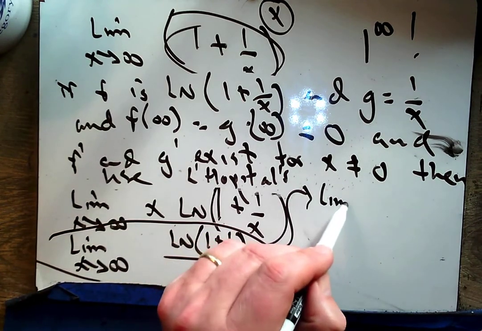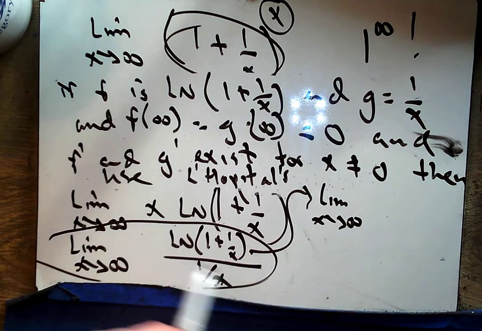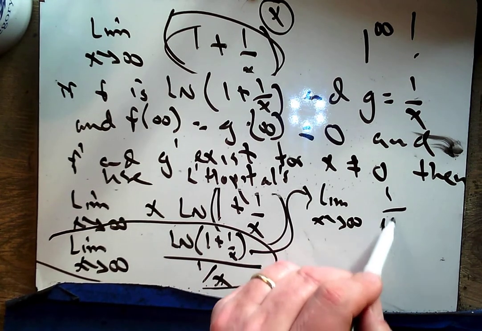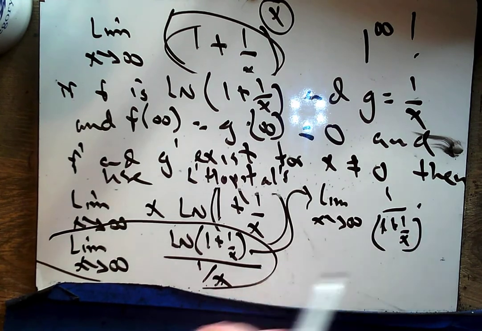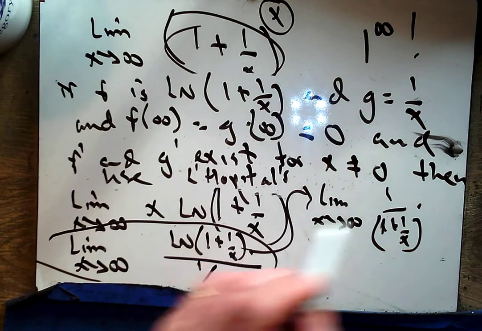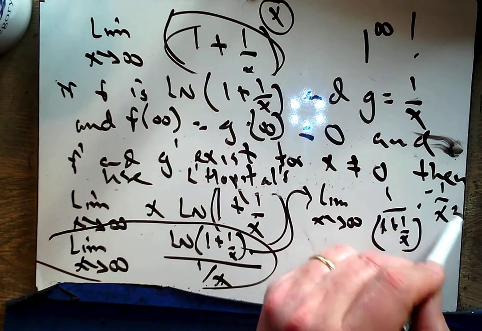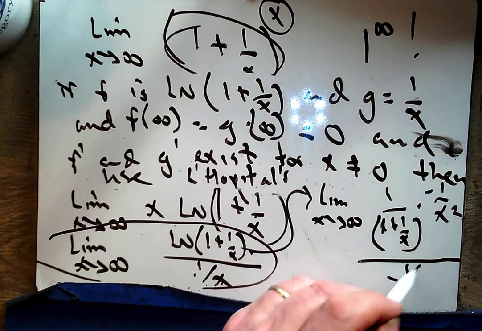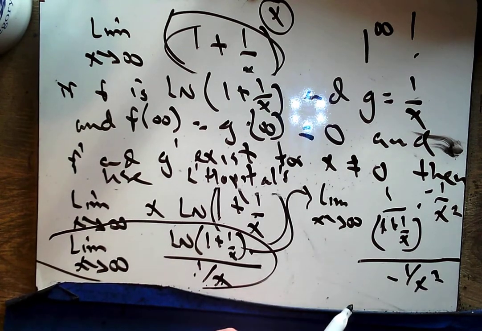Okay, so I'm going to have the limit as x heads to infinity of 1 over stuff times the derivative of stuff. And the derivative of this is 0, and the derivative of 1 over x is negative 1 over x squared. All over the derivative of this is negative 1 over x squared.